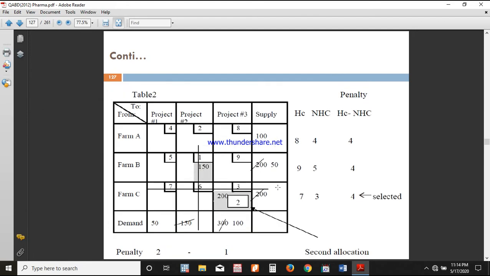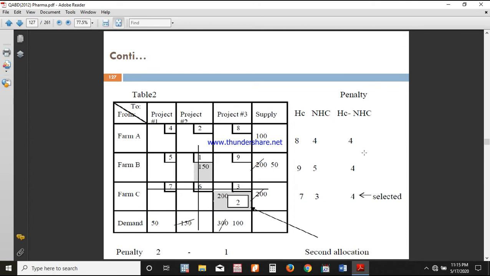In the second step, you also find the highest cost and the next highest costs with their penalty values. The second column is already fully exhausted. Now our selection will be in the first and the third column.